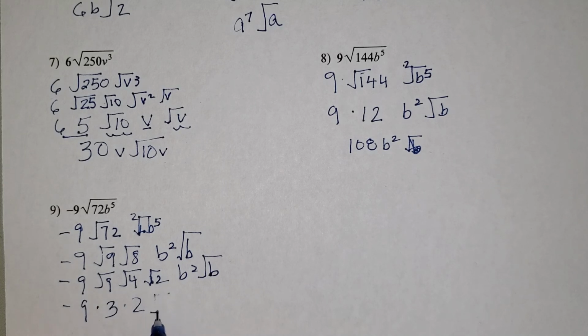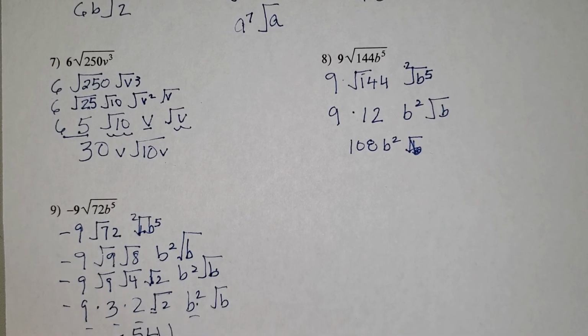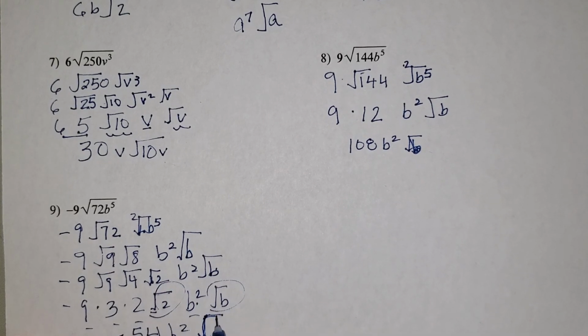Square root of 2, we can't do. B squared, radical b. We can't do that. Everything outside gets multiplied, so negative 27 times 2 is negative 54, b squared. And what's left inside the radical signs, oops, is 2b.